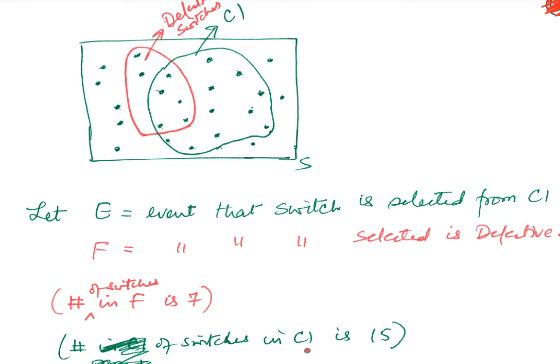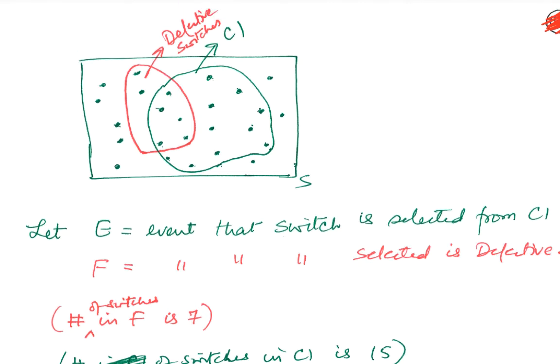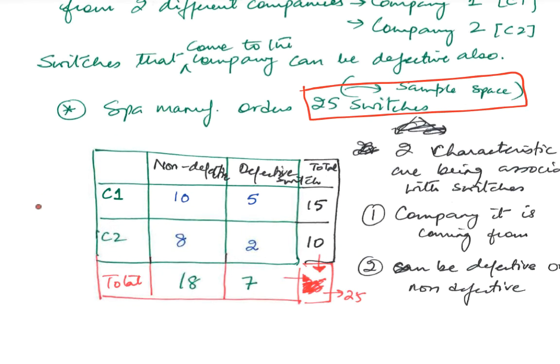Remember, the number of switches from C1 is 15 and the number of defective switches is 7. The question is, what is the probability that the switch which is defective is coming from Company 1?